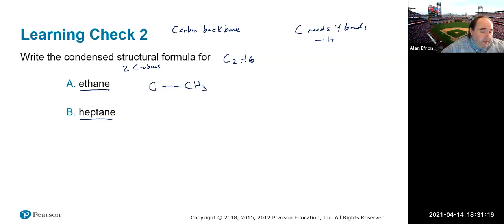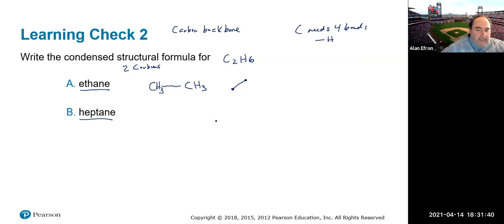Looking at the carbon on the left, it has one line coming in. To get it to 4, it also needs 3 more hydrogens, and that would be my condensed structural formula. The line structure in this case would just be something like that. Again, a carbon at each end with 3 hydrogens at each end would be our line structure.